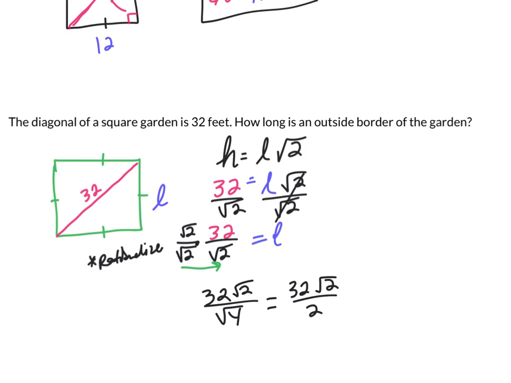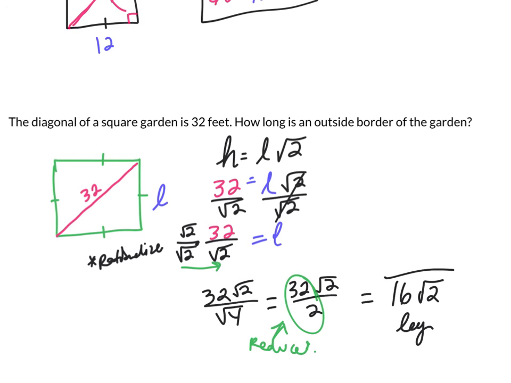And then we need to determine, can we reduce these two integers? Okay, 32 over 2 is 16, so our leg of our square garden, that outside border, is 16 square root of 2.